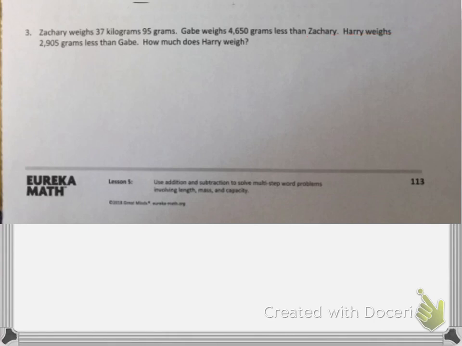Okay. All right. Zachary weighs 37 kilograms and 95 grams. All right. So let's put Zach. And this is how much Zach weighs. 37 kilograms and 95 grams. Perfect. Gabe weighs 4,650 grams less than Zach.